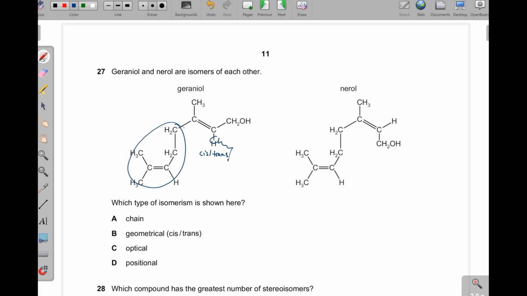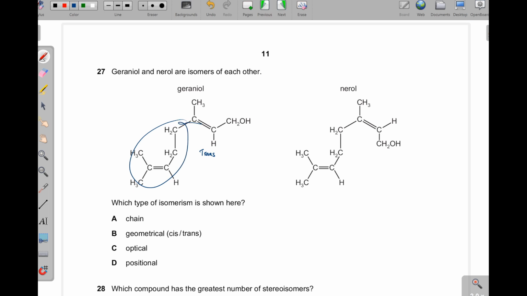And then when hydrogen is here and this big group is on the other side, then this one is going to be trans. You get it? Then when we come to this one here, they just substitute them. You can see they switch. So I can take this one to be my, let's say, trans.